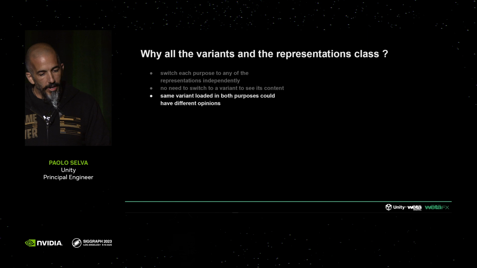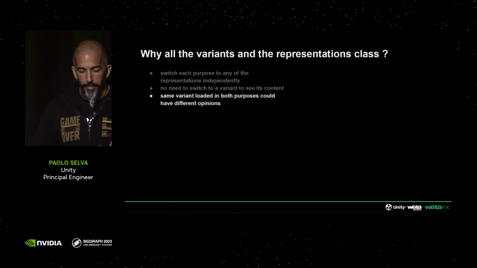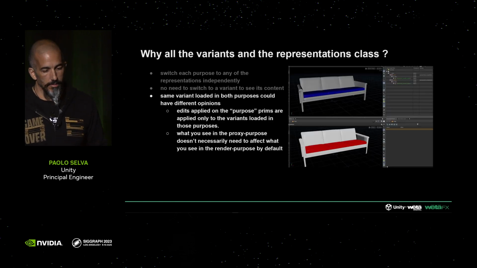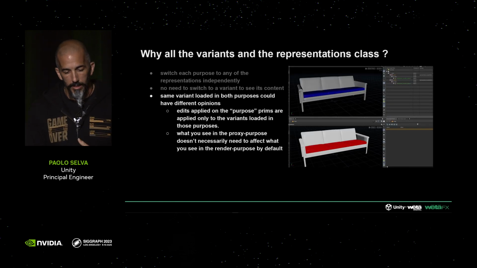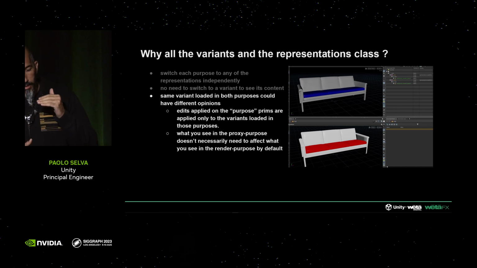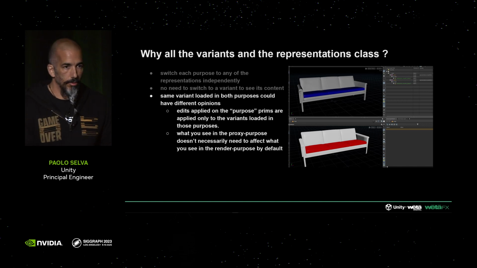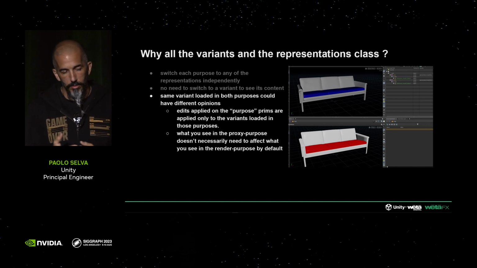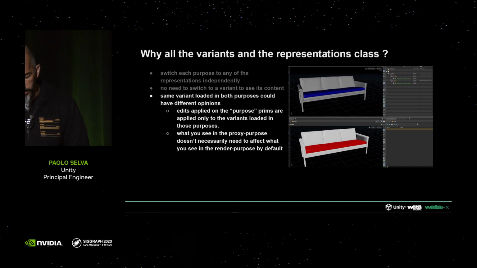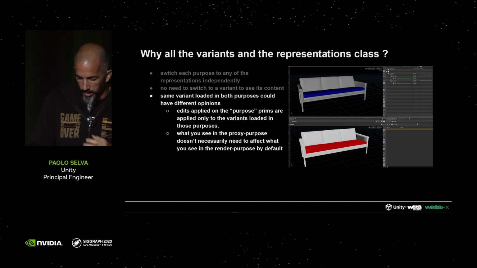We could have the same variant loaded in both purposes. I can load model hero in render purpose and in the proxy purpose, but I actually would like to have different opinions on them. So what I can do is switch the render purpose prim and the proxy purpose prim to model hero, and then I can say, well, I want to see in Karma a blue couch, and I want to see in Houdini GL a red couch, just because I need to do something with it.